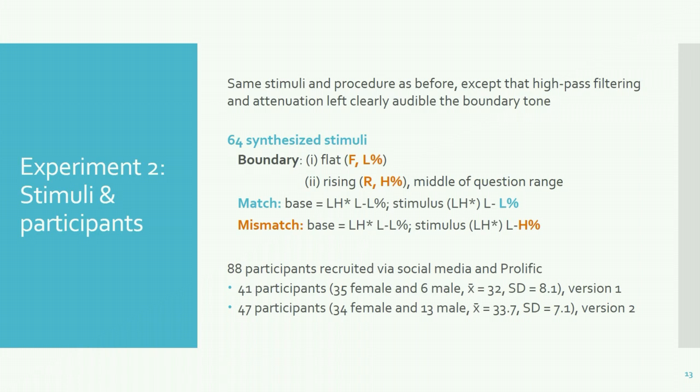For experiment 2, we had 88 participants that were recruited via social media again in Prolific, and 41 of them did version 1, while 47 of them did version 2. Let me now show you the results.